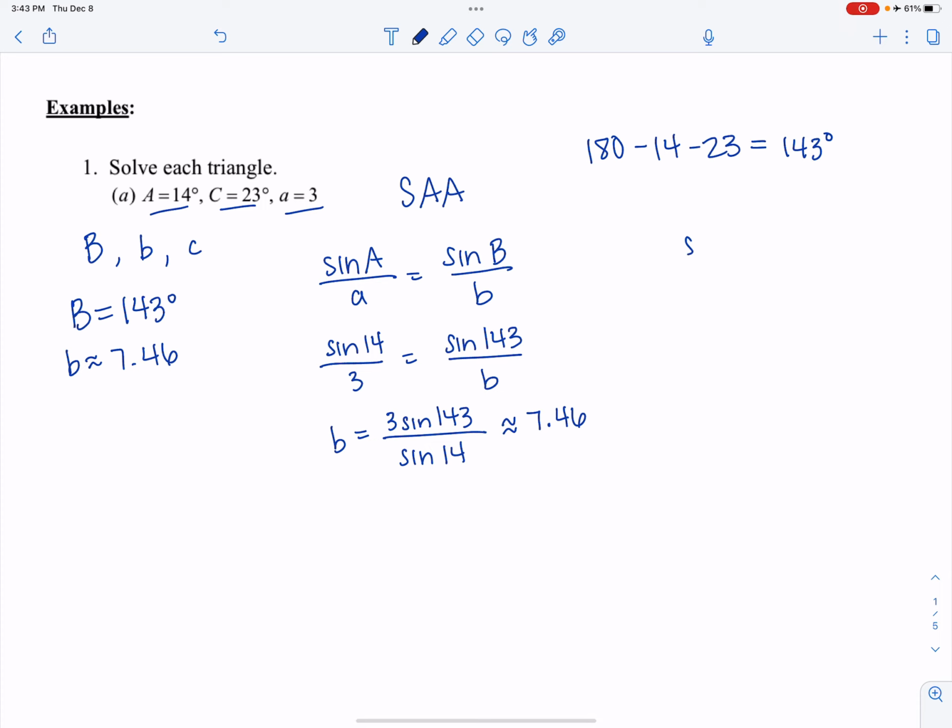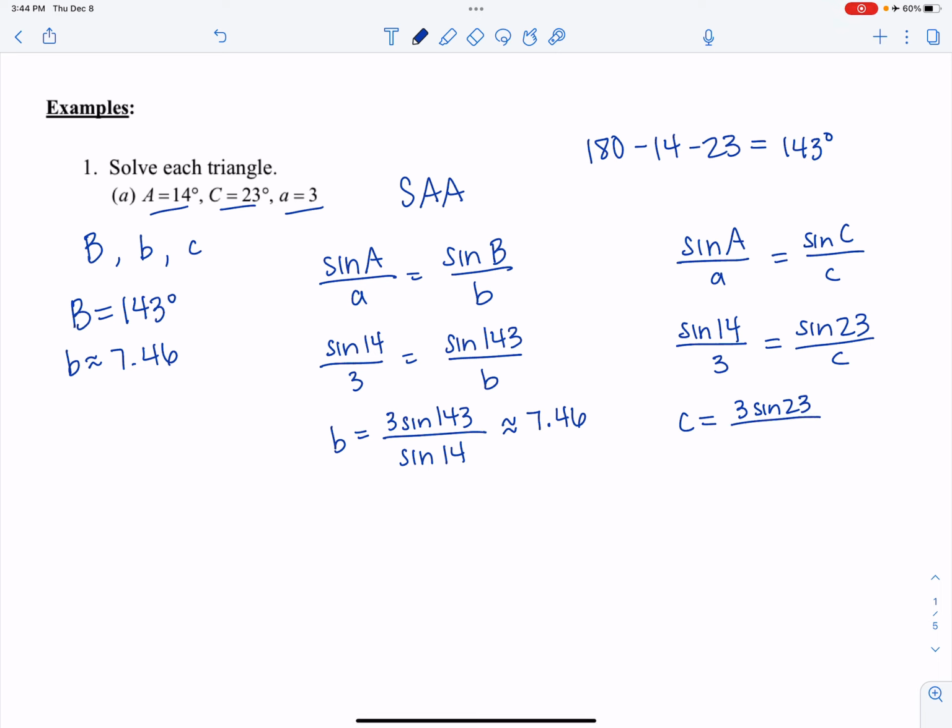And if we find side C, we can do sine of A over A equals sine of C over C. Sine 14 over 3 equals sine 23 over that missing C. Using cross multiplication again, C equals 3 sine 23 over sine 14.